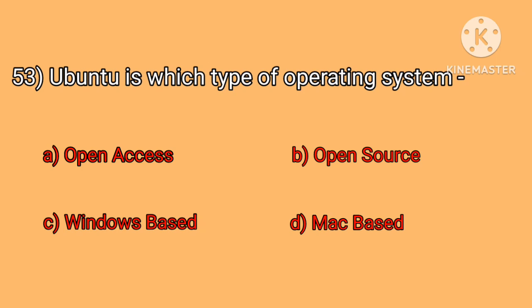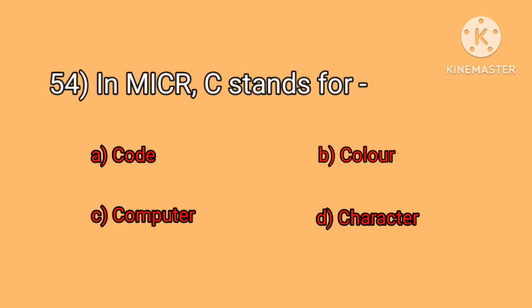Ubuntu is which type of operating system? Open source. In MICR, C stands for character.